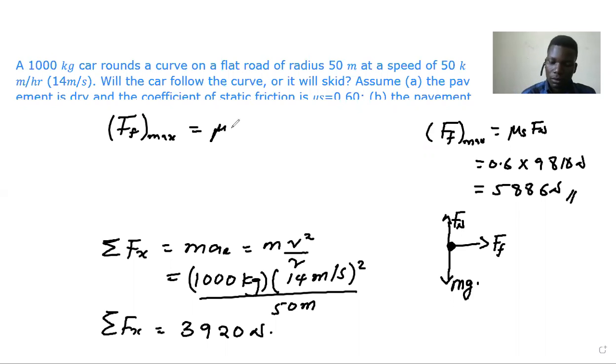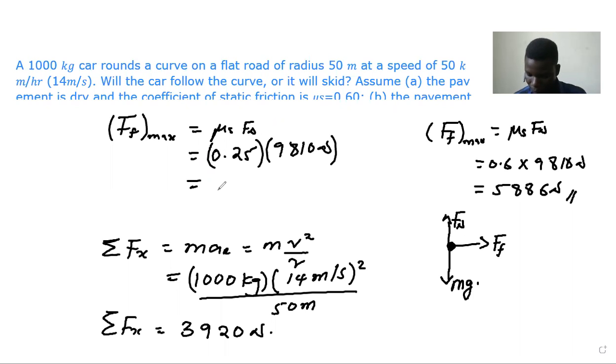So we have 0.25 multiplied by 9,810 Newtons, and this is going to give us 2,453 Newtons.